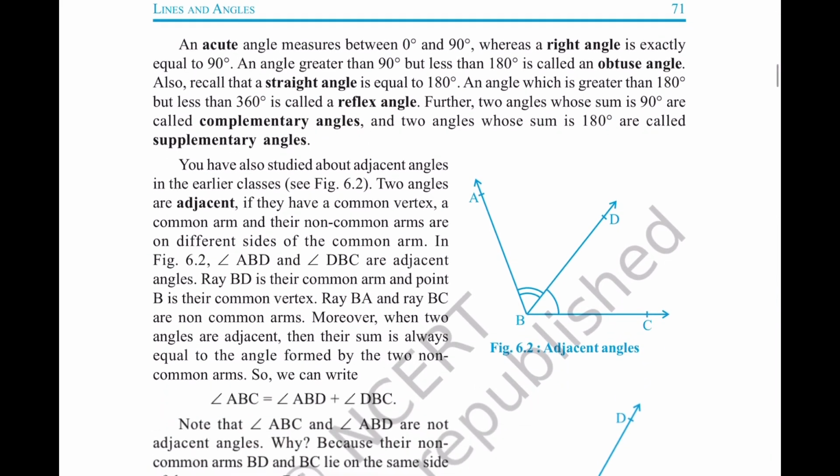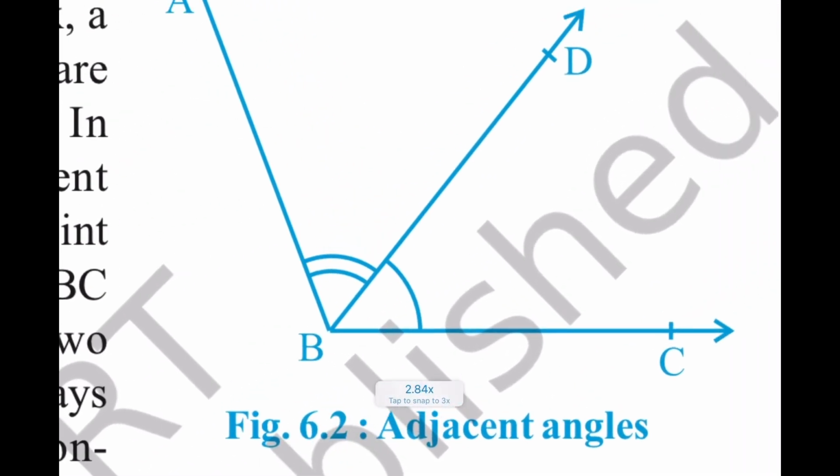Talking about the combination of angles, if two angles have a sum of 90 degrees, then they are complementary angles. And if two angles form a sum of 180 degrees, then they are supplementary angles. Let's understand it with an example.